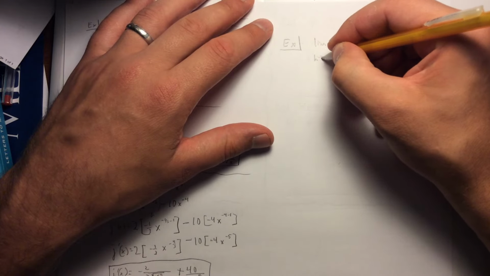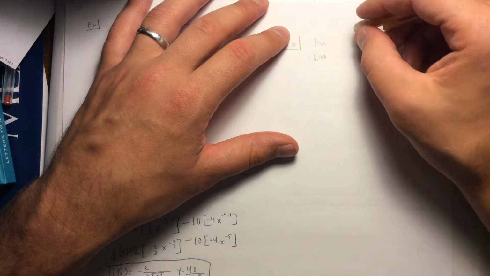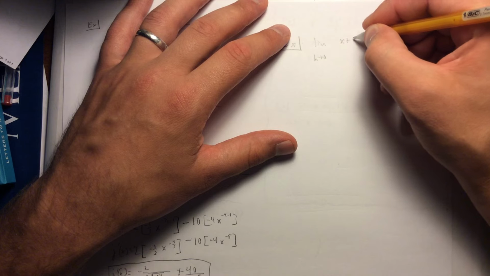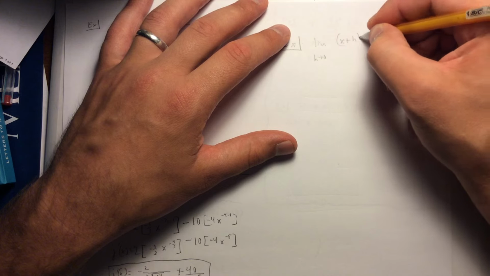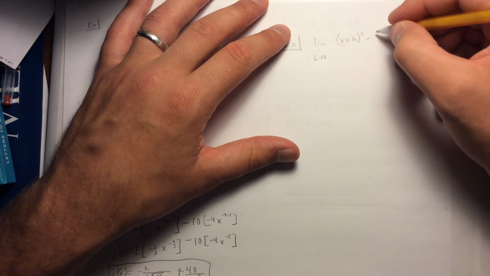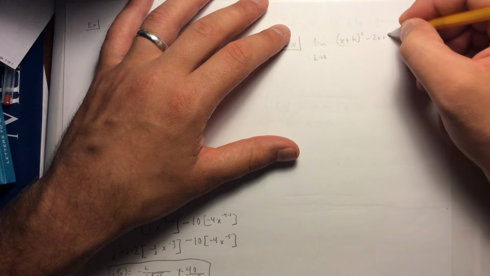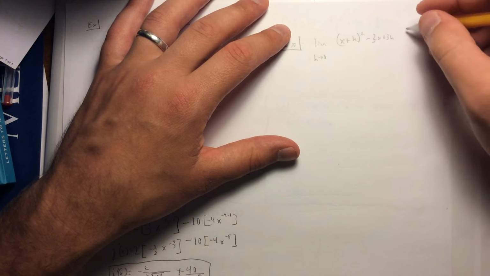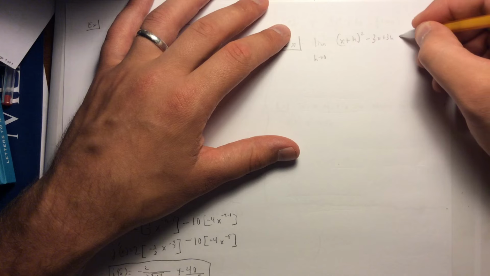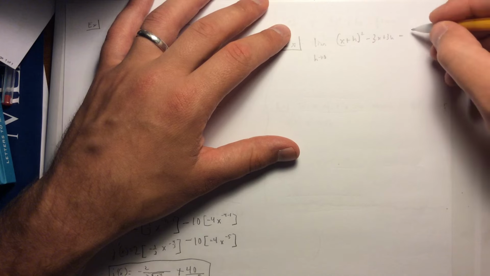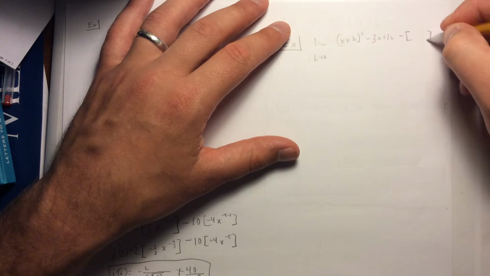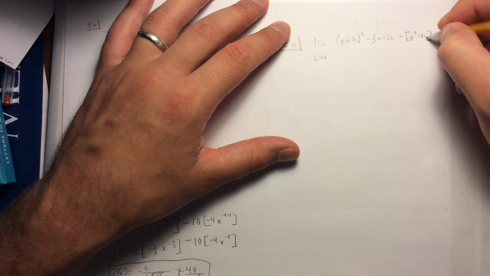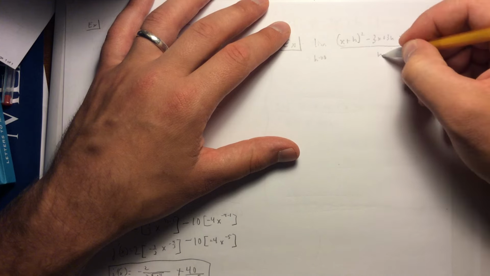Limit as h approaches 0 for x plus h squared minus 2x plus, we'll make it 3x, plus 3h minus x squared minus 3x all over h.